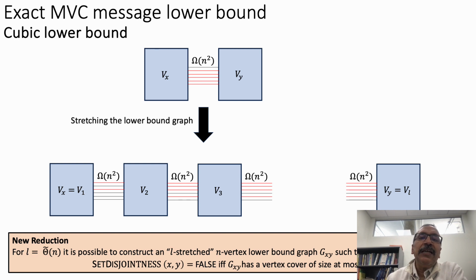Since we've shown that at least a quadratic number of messages need to cross the cut, if we can stretch this cut to be linear in length and still maintain the connection between set disjointness and vertex cover size, then we would be done, because the quadratic messages would now have to each travel linear in n distance. Our key contribution in this proof specifically is to show that we can actually do this.